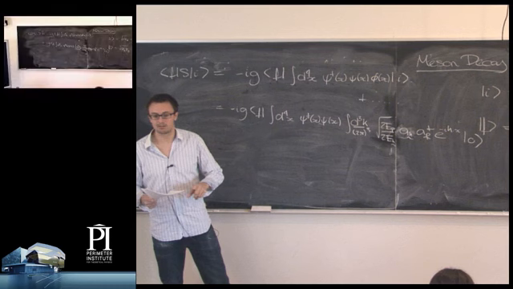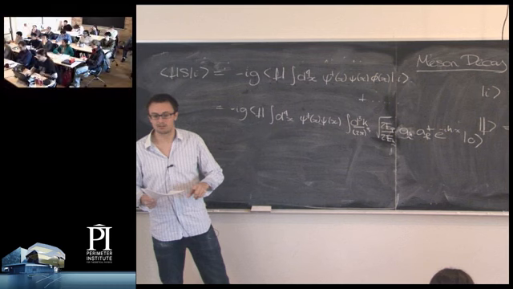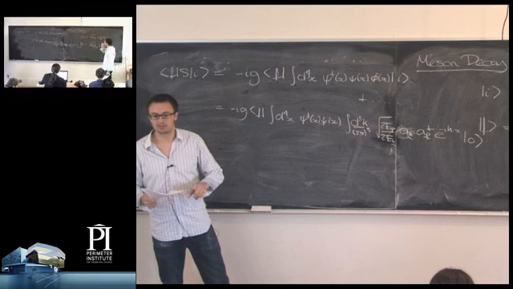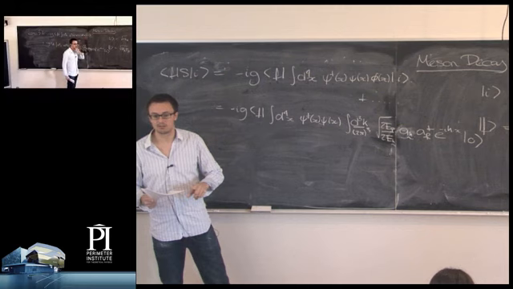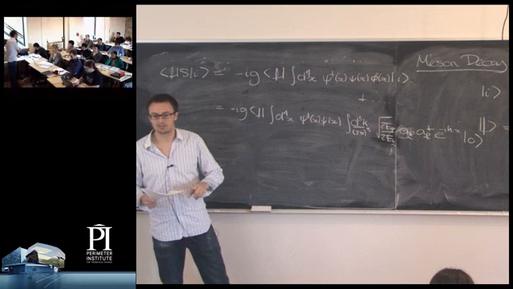It's probably a stupid question, but why don't we use the interaction Hamiltonian in the interaction picture rather than in the Schrödinger picture? We are using the interaction Hamiltonian in the interaction picture. Yeah, I claim we are. But shouldn't we have e to the minus i H_0 t?